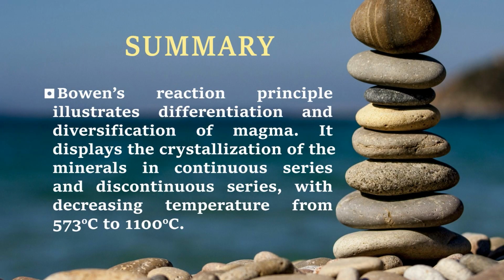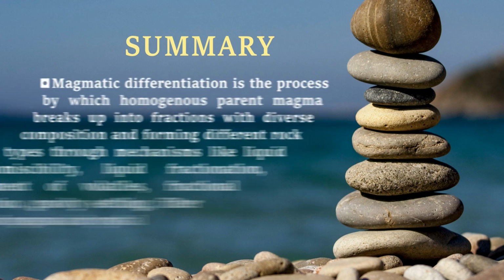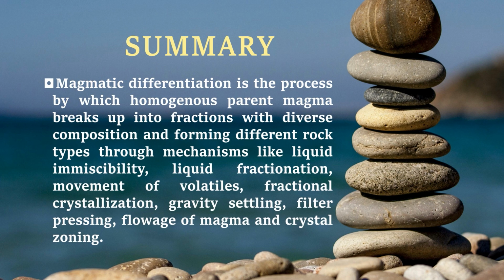Now, learners, let us summarize what we have learned in this video. We have learned about Bowen's reaction principle, which illustrates the differentiation and diversification of magma. It displays the crystallization of minerals in continuous and discontinuous series with decreasing temperature varying between 573 degrees centigrade to 1100 degrees centigrade. And we have also learned how magmatic differentiation by different processes can give rise to diverse compositions and different rock types.